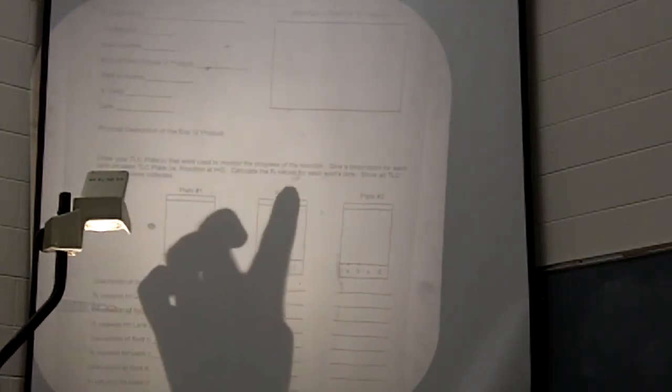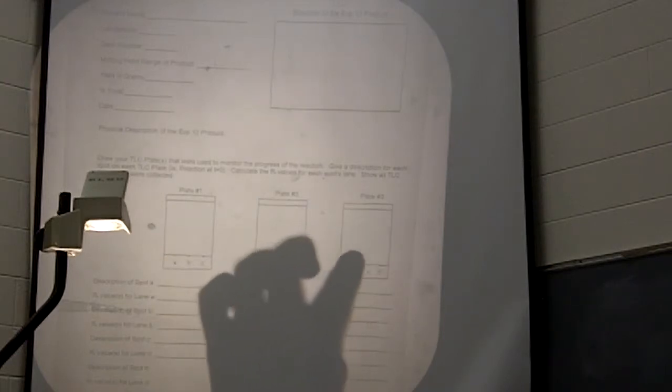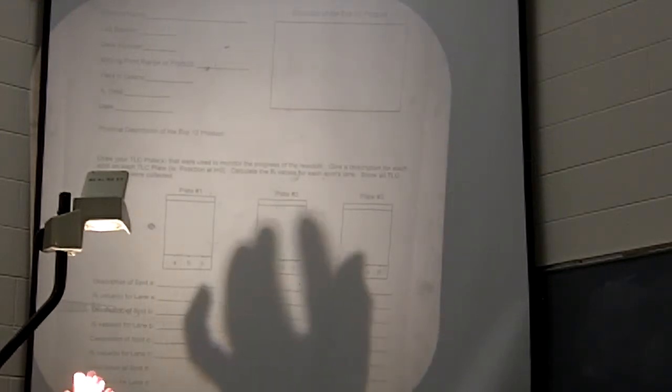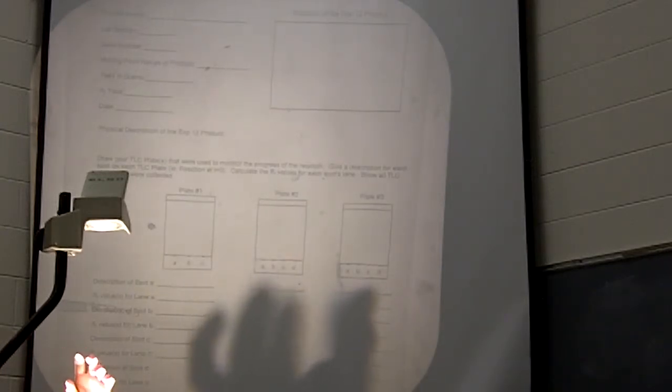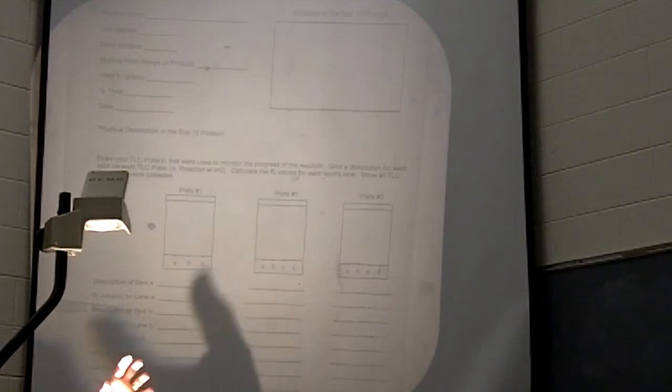You're going to draw your TLC plates on this report form. Now for your lab notebooks, find out from your lab professor what their preference is. You will either be drawing your TLC plates vertically in a life-size fashion into your lab notebook and disposing of the TLC plates in glass waste, because they're silica and glass is made of silica, so it goes where the glass waste goes.